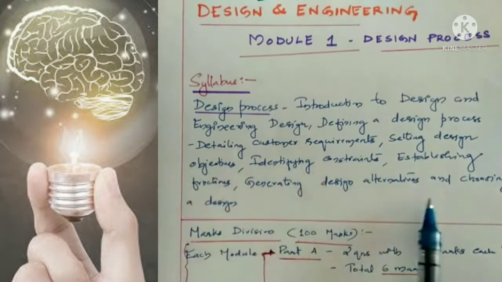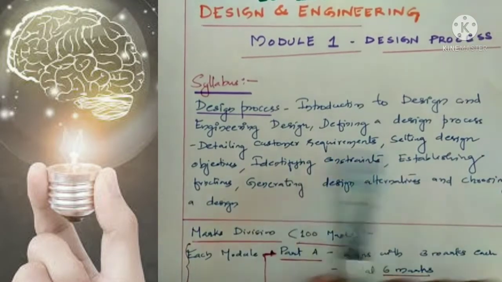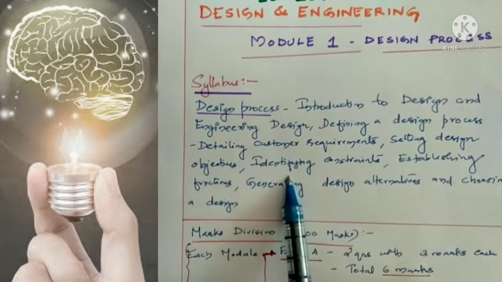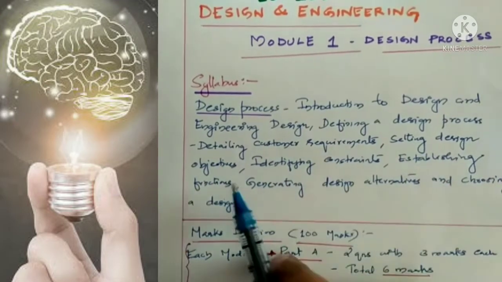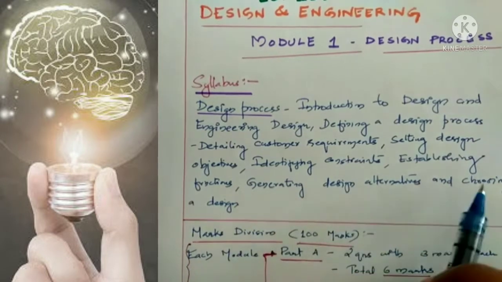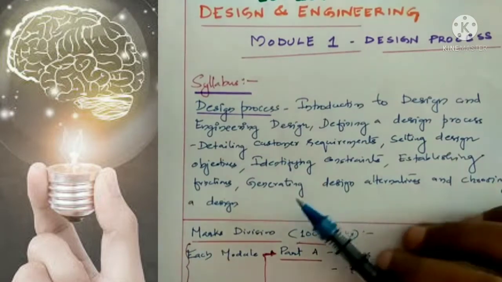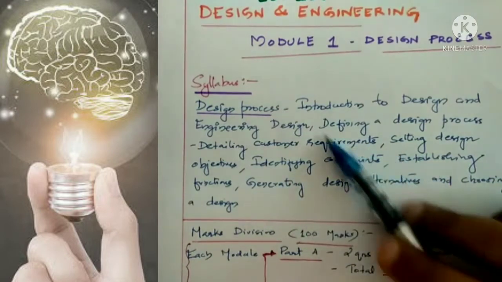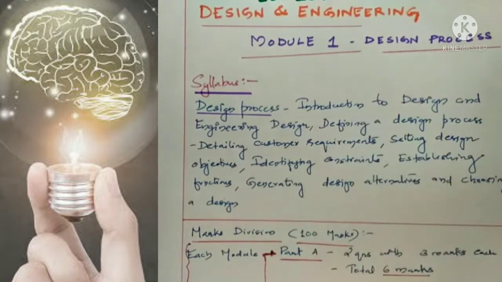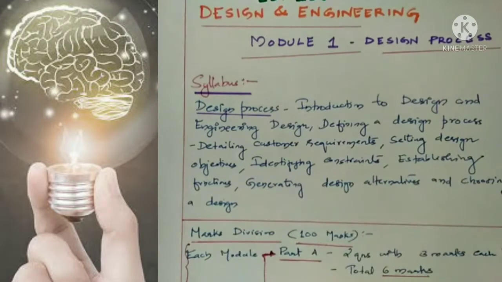The 6 steps are given here: detailing customer requirements, setting design objective, identifying constraint, establishing function, generating design alternative, and finally choosing a design. These are the 6 steps that are used for defining a design process. So we are going to see each of these steps.